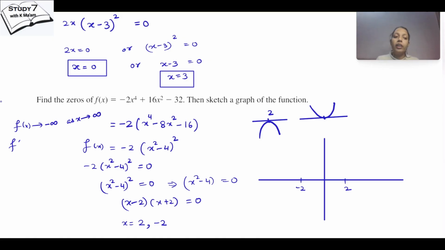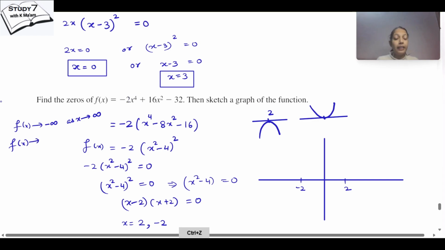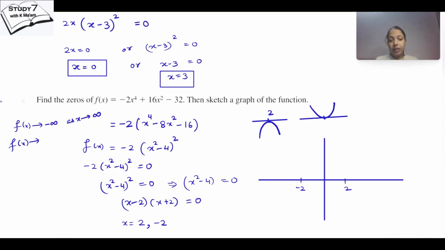Now, if you choose negative infinity, negative to an even power is positive, and the outside is still negative, so your answer is negative again. So as x approaches negative infinity, the function still goes to negative infinity. This is the property of an even degree polynomial. Whenever the degree of the polynomial is even, the behavior on both ends will be the same. The coefficient is negative, so it is moving toward the negative infinity side.